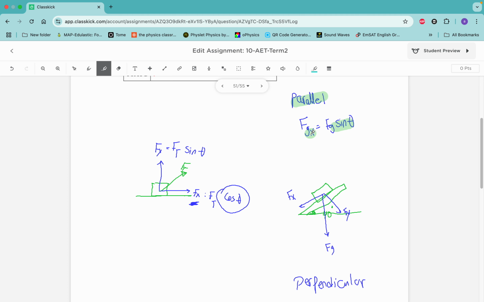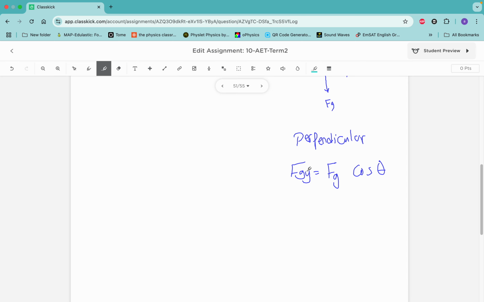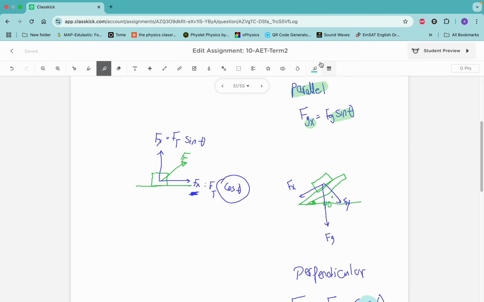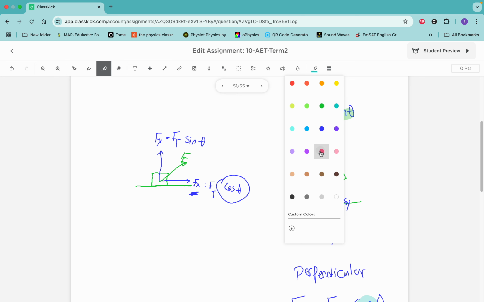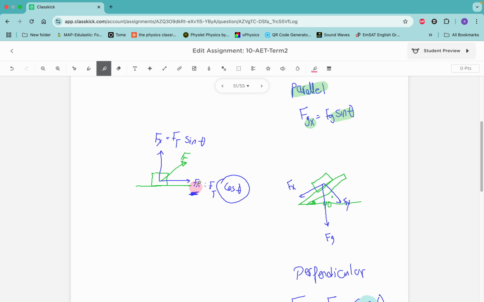So here the x component uses sine and the y component uses cosine, while if the surface is horizontal, the x component uses cosine and the y component uses sine.